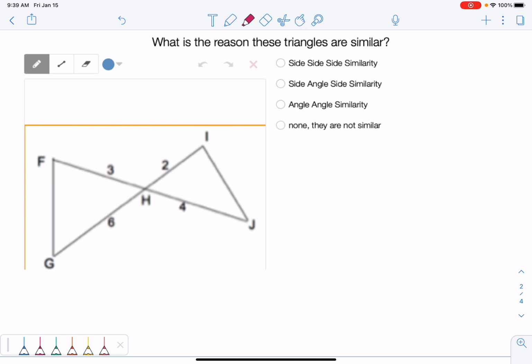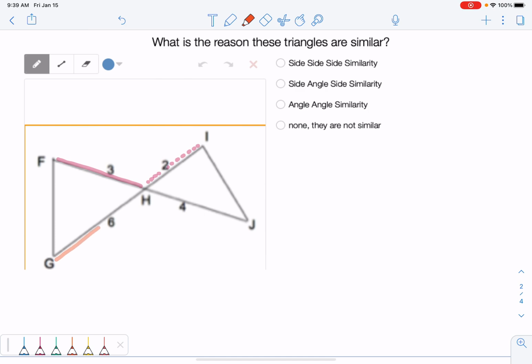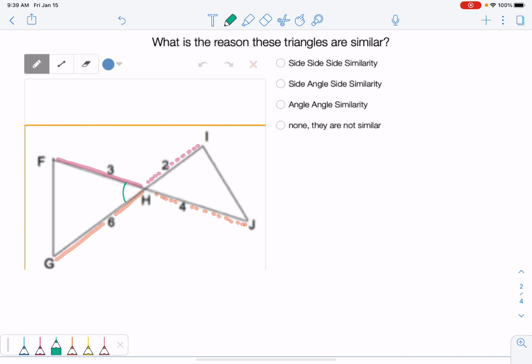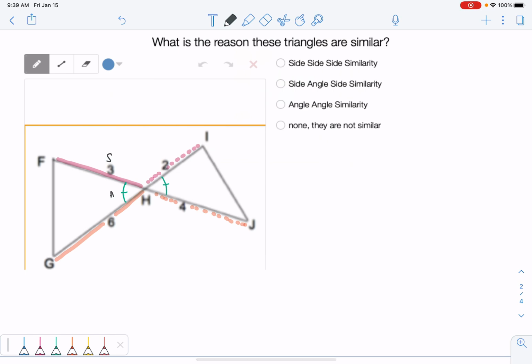Okay, so 3 is our smaller side, and so is 2. 6 is the larger side, and so is 4. We're making our corresponding sides. You should see we have vertical angles are congruent. So right now we might have side, angle, side.